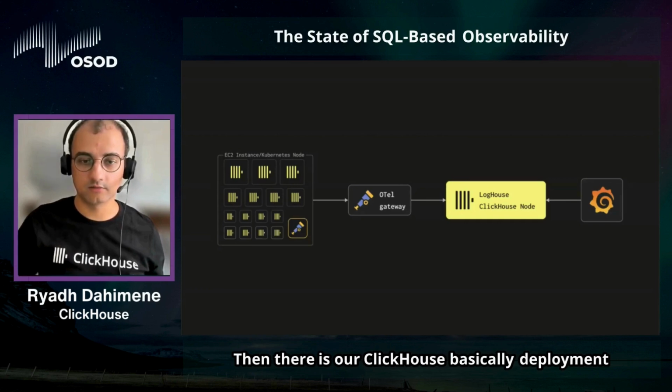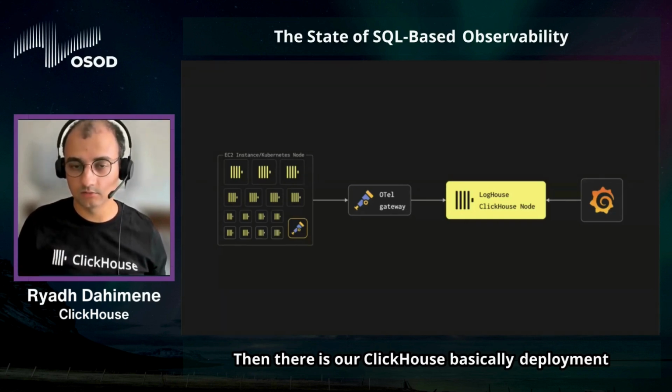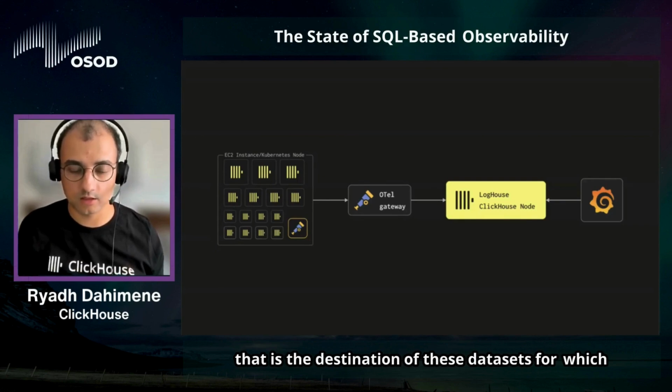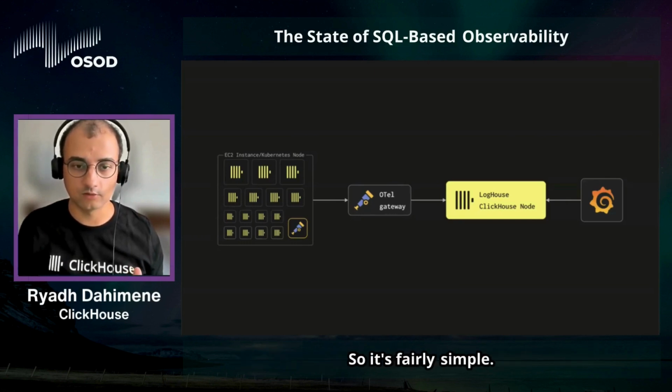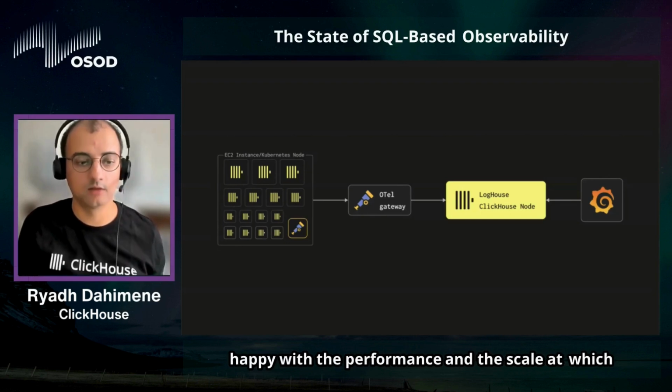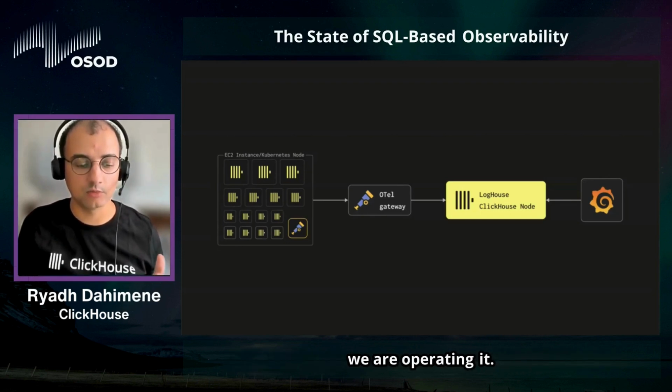And then there is our ClickHouse deployment that is the destination of these data sets, which we access with Grafana. So it's fairly simple. We refer to this project as Loghouse. And we're very happy with the performance and the scale at which we are operating it.